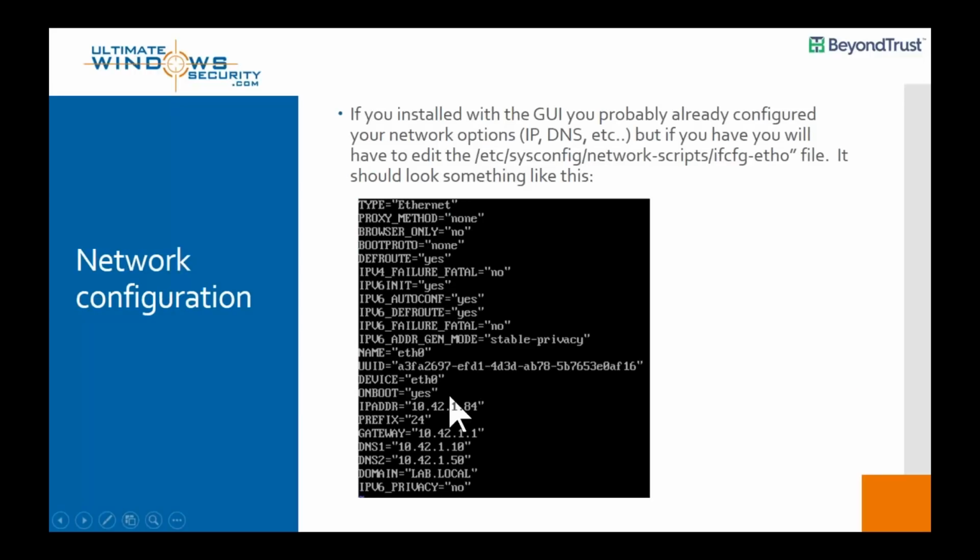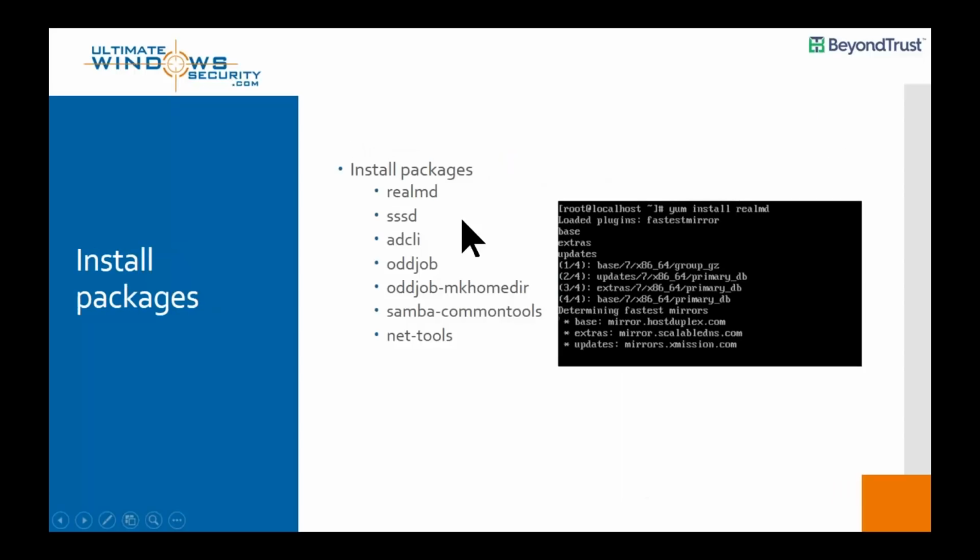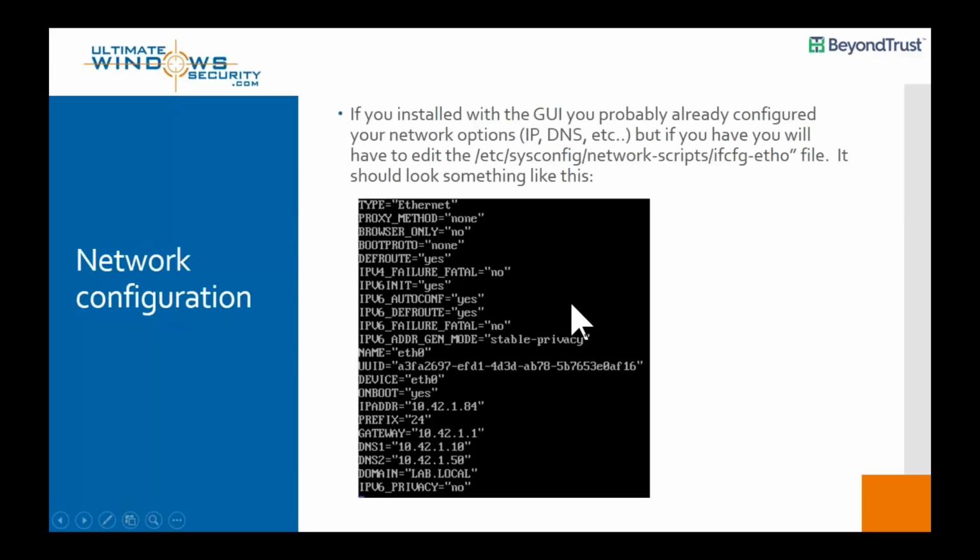Now, we need some basic network configuration. Of course, we would need to have internet access to begin with, even to get those packages, right? But depending on how you installed CentOS, if you did it with the installation GUI, you may have already configured your IP addresses, subnet, gateway, DNS, and so on.